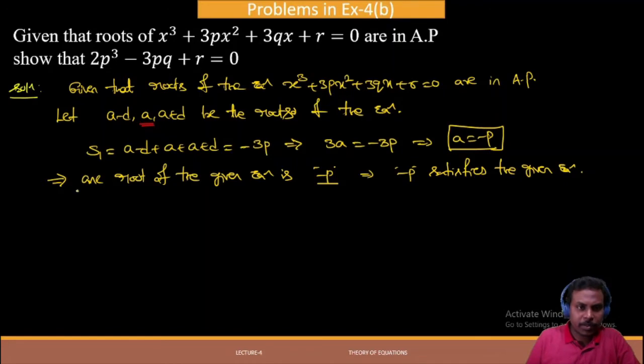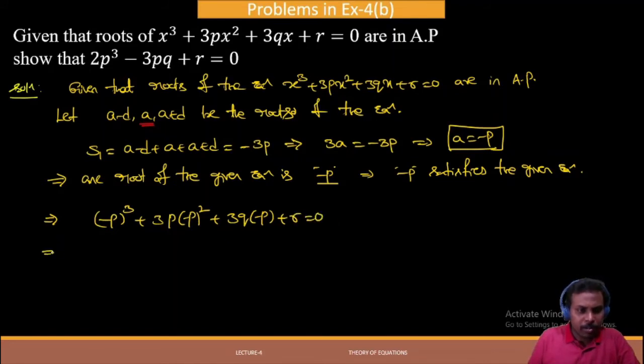That means we have to substitute here. This implies minus p whole cube plus 3p into minus p whole square plus 3q into minus p plus r is equal to 0.